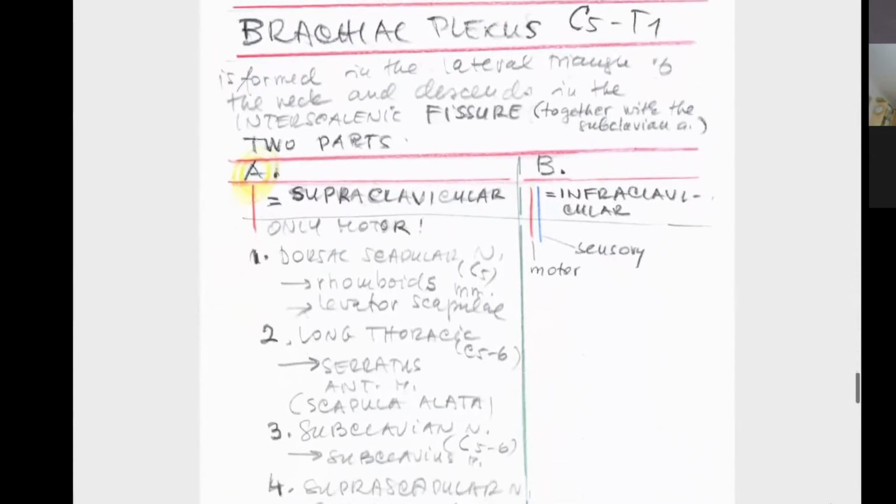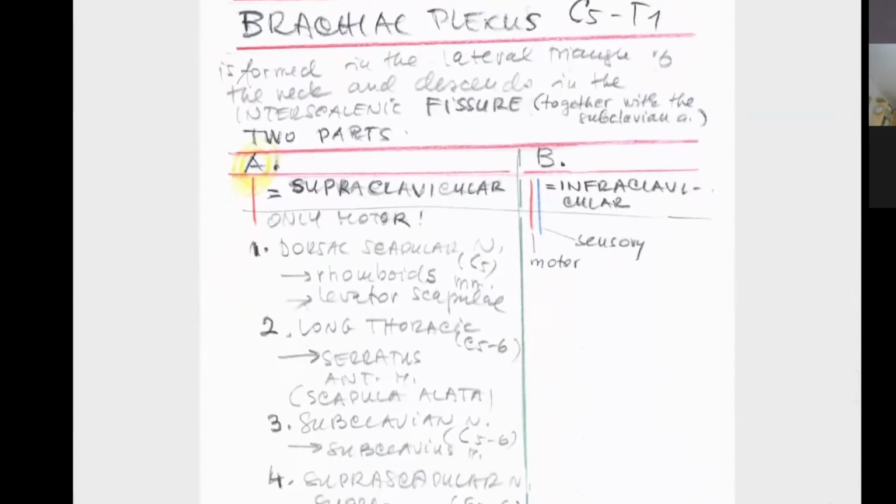Yes, we are now in the segments C5 to T1. It's written that it is formed in the lateral triangle of the neck and descends in the interscalenic fissure together with the subclavian artery.